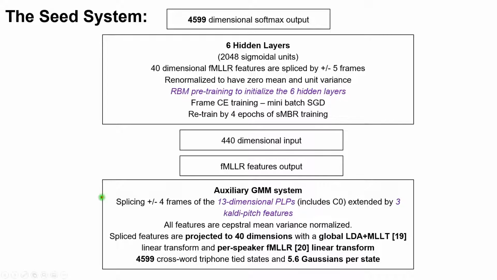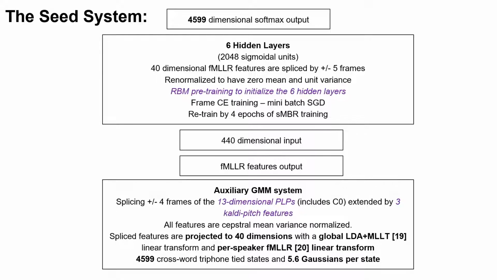So this is at the HMM level, and this is then fed to the DNN layers. Here the size is 2048, and these 40-dimensional fMLLR features are used, again normalized with zero mean and unit variance.